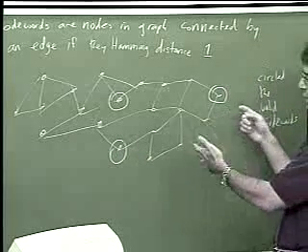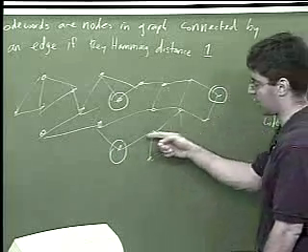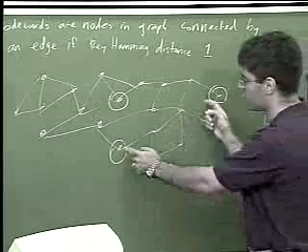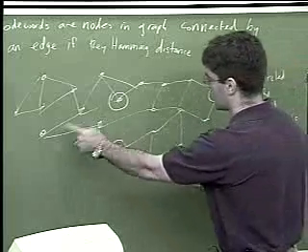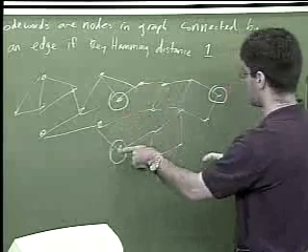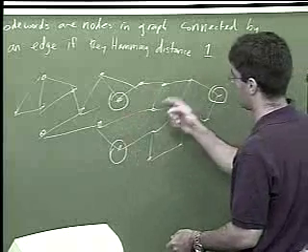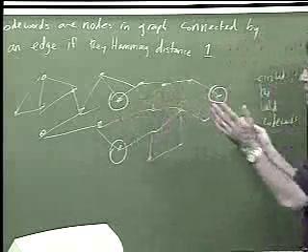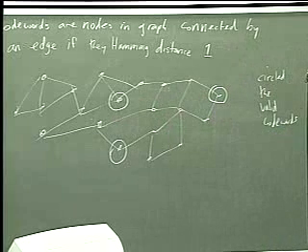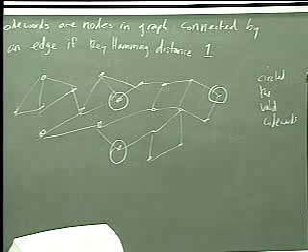So in this graph, I have a Hamming distance of 1, 2, 3, 4 between these 2 code words, 1, 2, 3, 4 between those, I think that's the shortest path, and 1, 2, 3, 4 between those. Here I've drawn a code with Hamming distance 4. People with me?